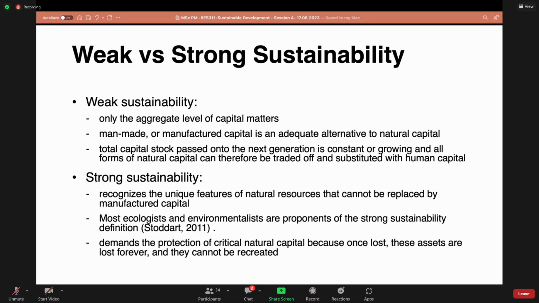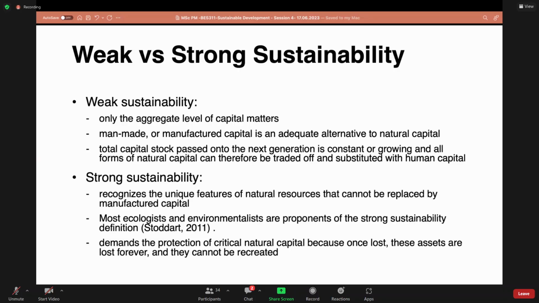On the other hand, in strong sustainability, you recognize there are certain natural resources that you actually cannot replace by manufactured capital. So it might be certain biological resources, or maybe the ozone layer, or there can be certain resources that are recognized as non-substitutable.